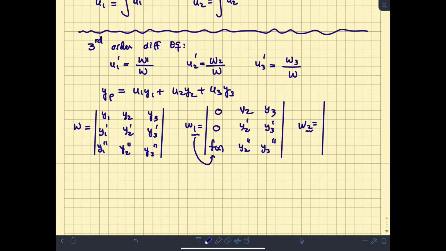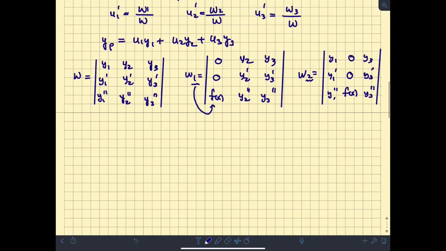So if it's a W2, the first column stays the same, the second column changes to zeros and f's, and the third column stays the same. So for W2, we'll have y1, y1 prime, y1 double prime. The second column changes to zeros and f of x, and the third column again stays the same, y3, y3 prime, y3 double prime.